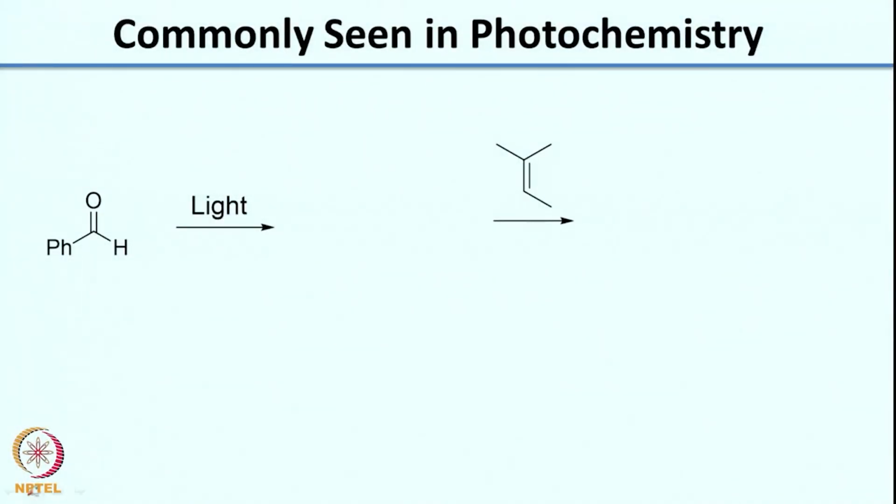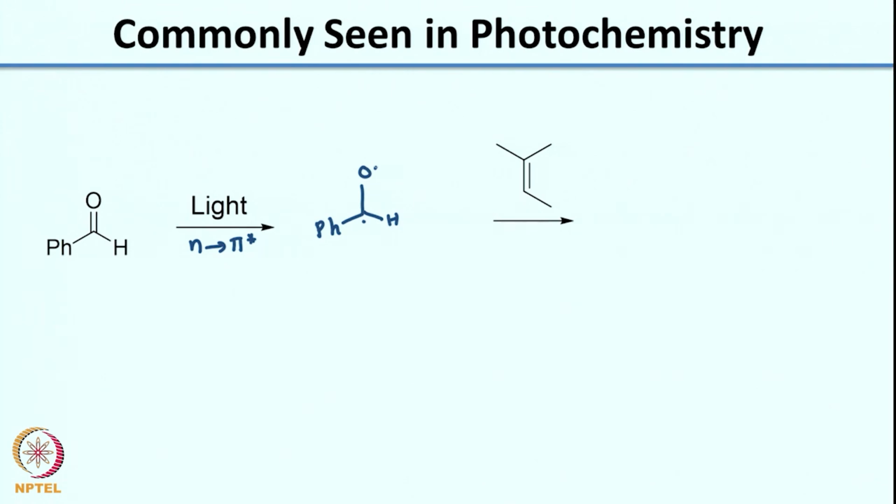Another commonly seen example is in photochemistry. So, especially when you have groups such as the carbonyl group, a C double bond C and N double bond N, what you see is in the presence of light you have excitation. Typically in this case it would be an n to pi star excitation, and you can think of this biradical being generated.